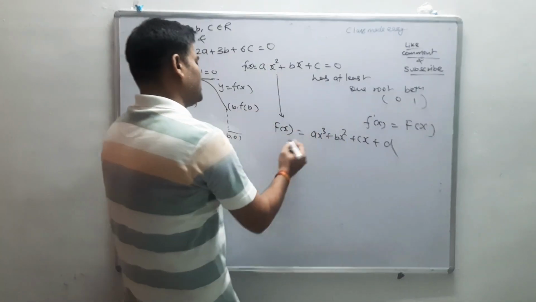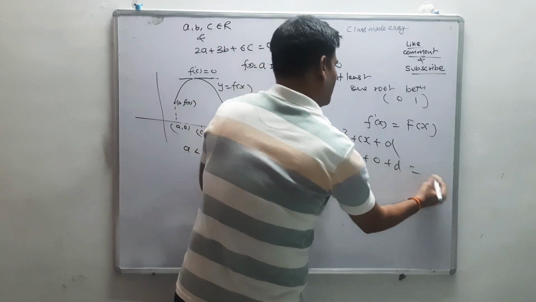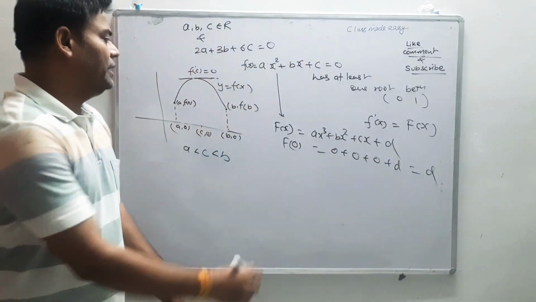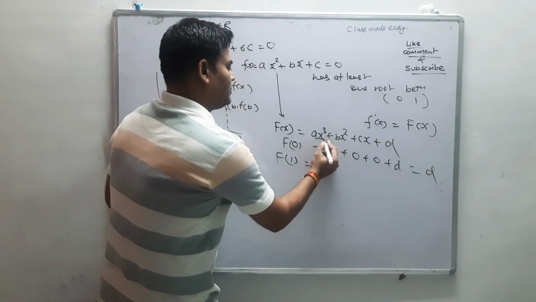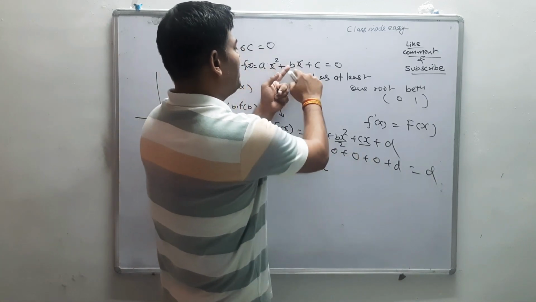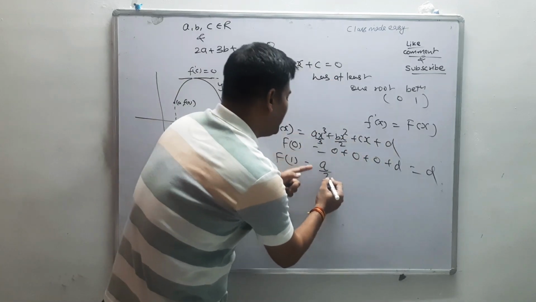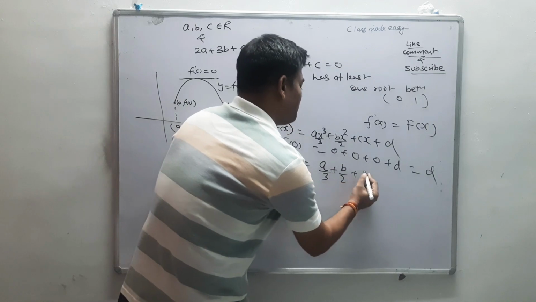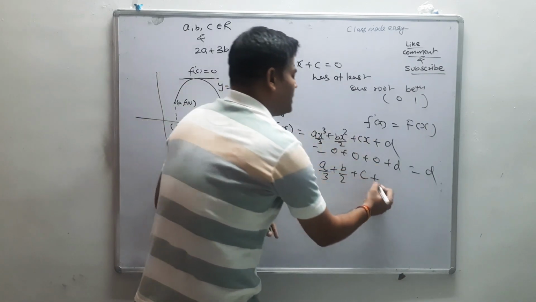If I put 0 here, it is d. Now if I put x as 1 there, it is a by 3 plus b by 2 plus c plus d.